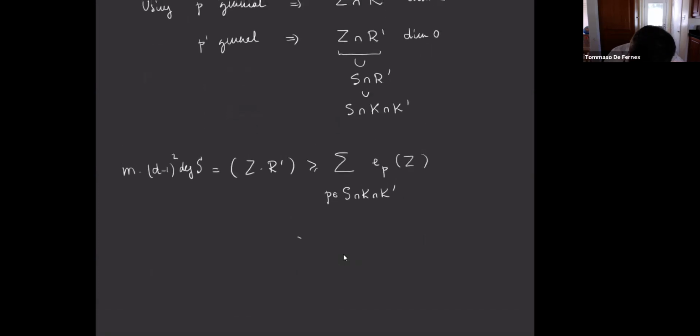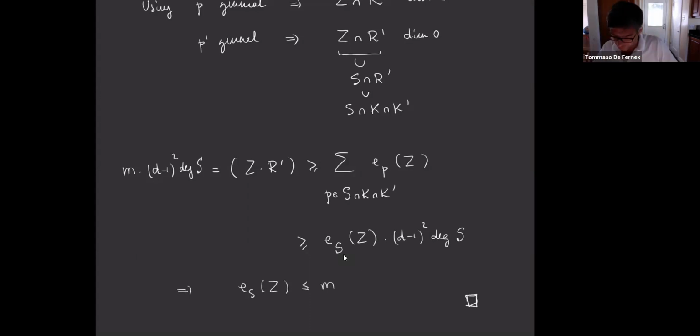And then as before, this will be greater or equal than the multiplicity of Z along the surface S, because all these points belong to S, times the number of points, which is d minus 1 squared times the degree of S. So this again implies that e_S of Z is less or equal than M. Okay, that's the end of the proof.